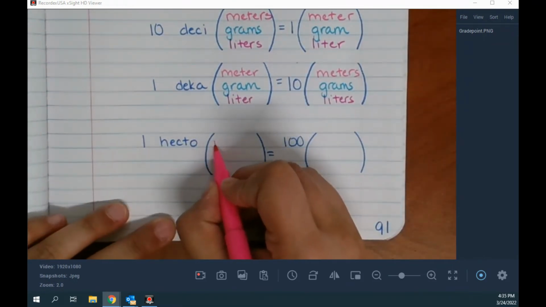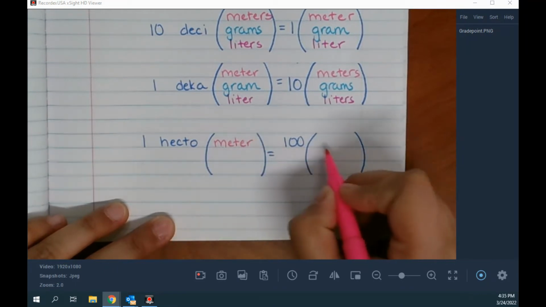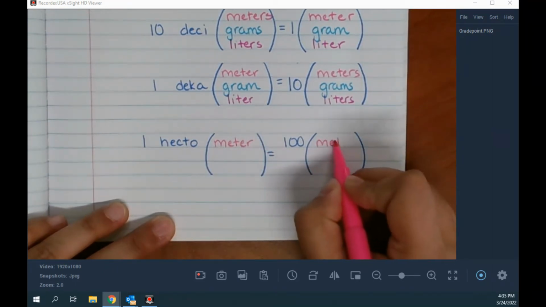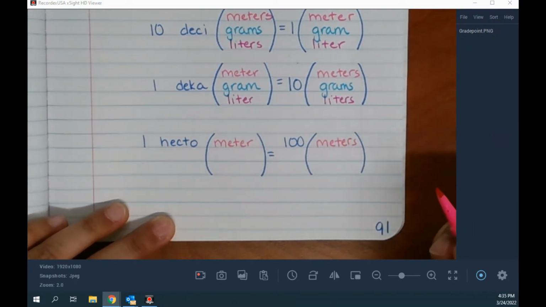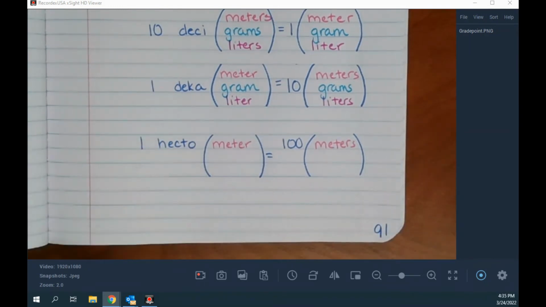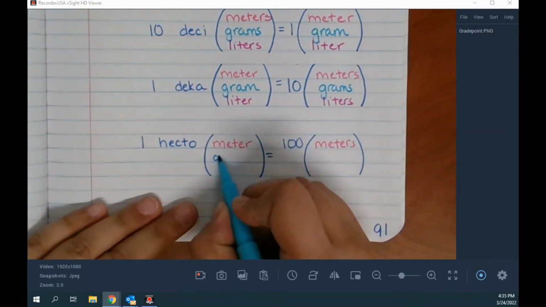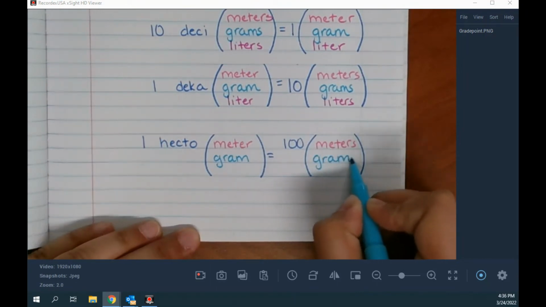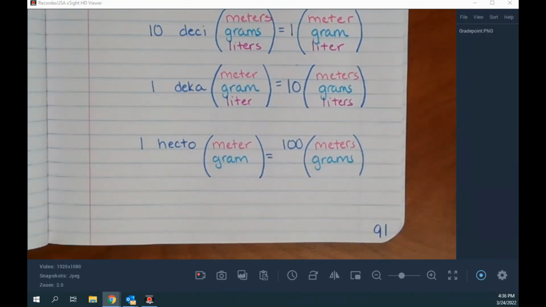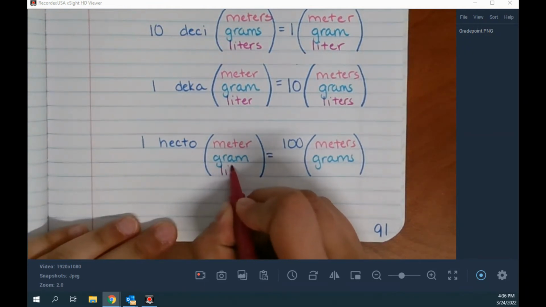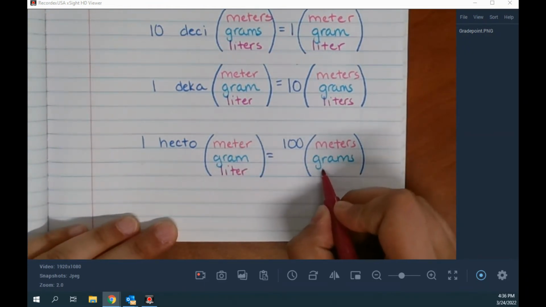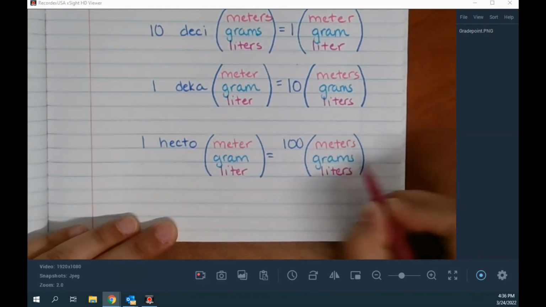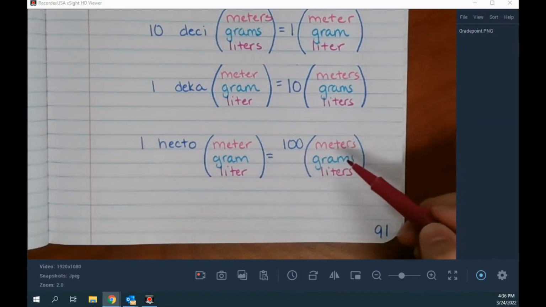So 1 hectometer equals 100 meters. 1 hectogram equals 100 grams. And then 1 hectoliter equals 100 liters. So it's really just the same idea. It just depends on if you're talking about distance, mass, or capacity.